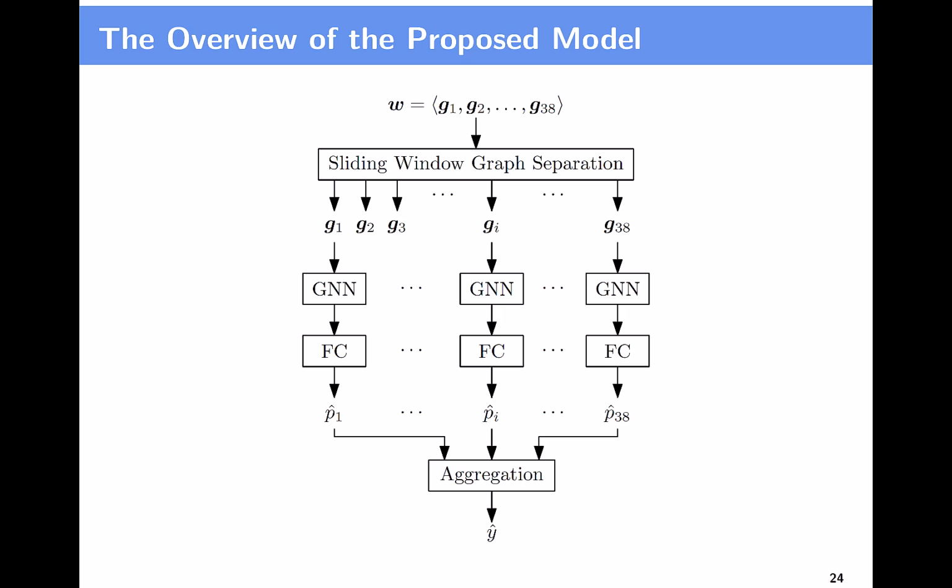Each graph is fed into a graph neural network that I will explain in the next slide, and then fed to the fully connected layer in order to predict a probability that the sliding window graph can be identified as each human subject. This is represented as P hat i. All of these P hat i are aggregated, and we use all of this information combined together in order to predict Y hat, which is the final prediction.